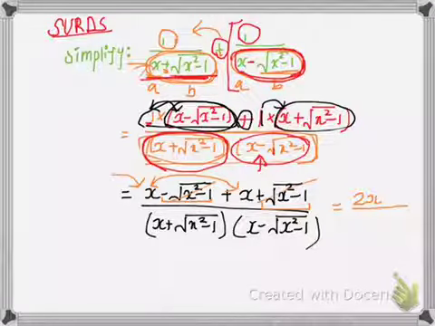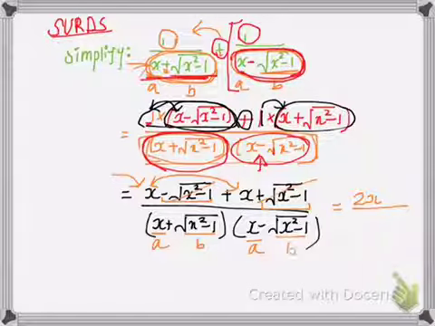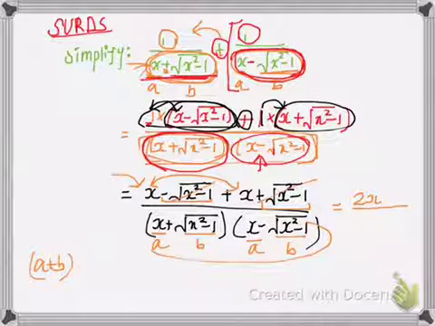And here, before solving this question, I told you to suppose the term x as a and root under x squared minus 1 as b. Here is a, here is b. So we can interpret this denominator term as a plus b times a minus b.